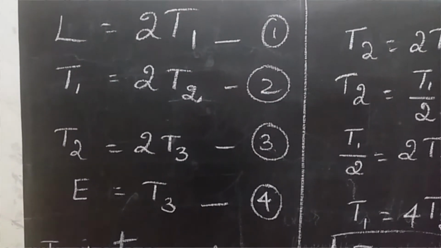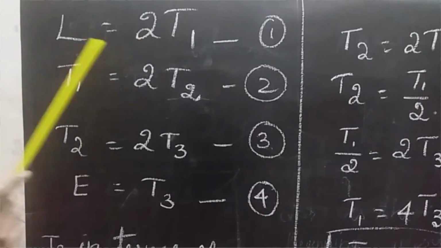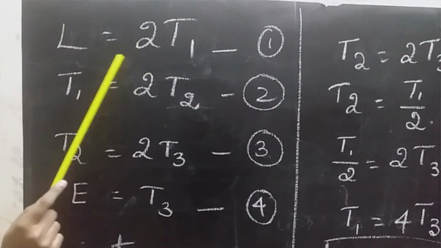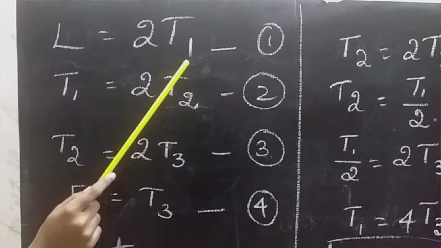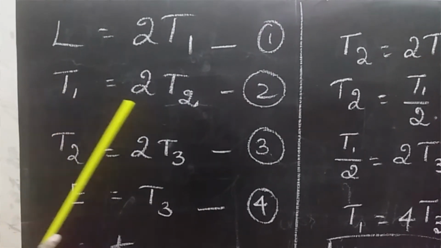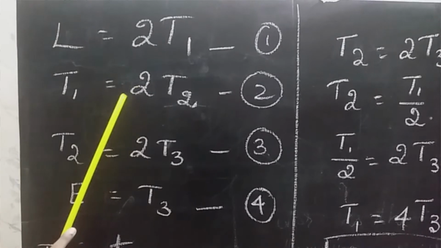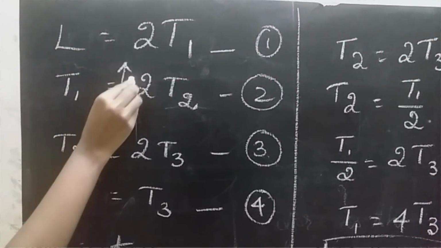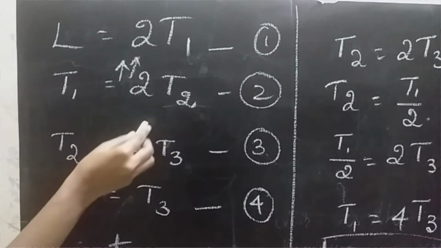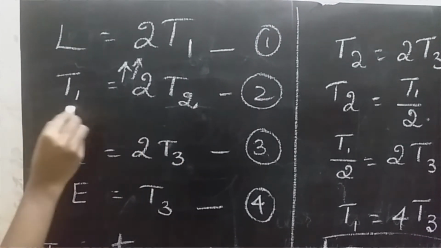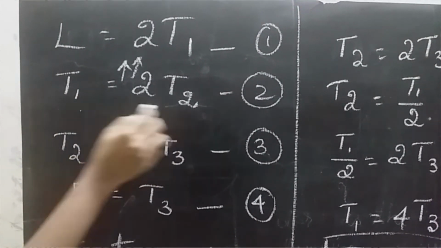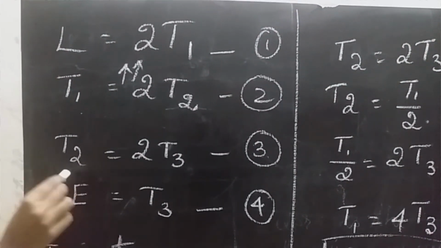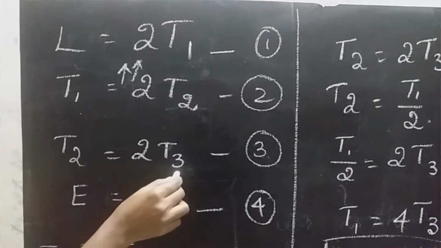Children, as we saw in the picture, this load is being supported by 2T1, so I can write load is equal to 2T1. Similarly, this T1 is supported by 2T2. Both were acting in the upward direction, so since both T2s were in the same direction, I can write T1 is equal to 2T2. Similarly, this T2 is supported by 2T3.